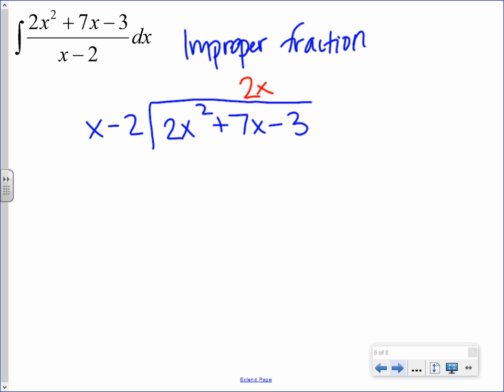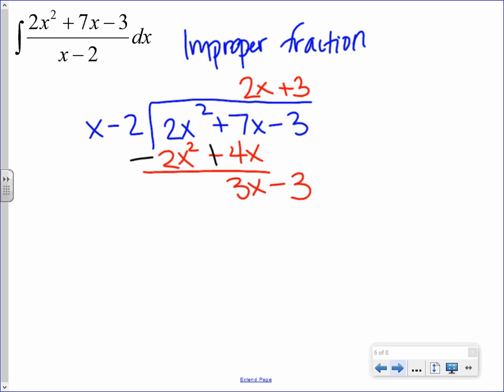2x. Then you take x times 2x, negative 2 times 2x. And what do you do with these numbers? We subtract them. And then we repeat. x times what is 3x? 3. We multiply x minus 2 to 3. And subtract.